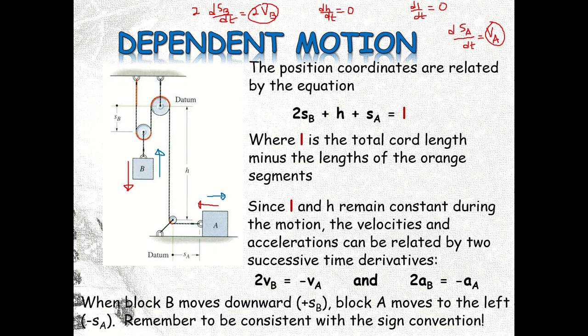So if you consider moving to the right as positive, then block B moving up is negative. So that is our convention, class.